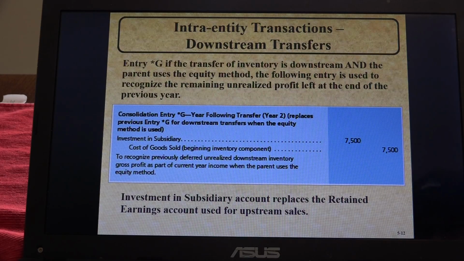And so in this case, when the transfer of inventory is downstream and the parent uses the equity method, which is mostly what we've been using in prior examples and problems, the following entry is used to recognize the remaining unrealized profit left at the end of the previous year. And so your debit is going to be to investment in subsidiary.